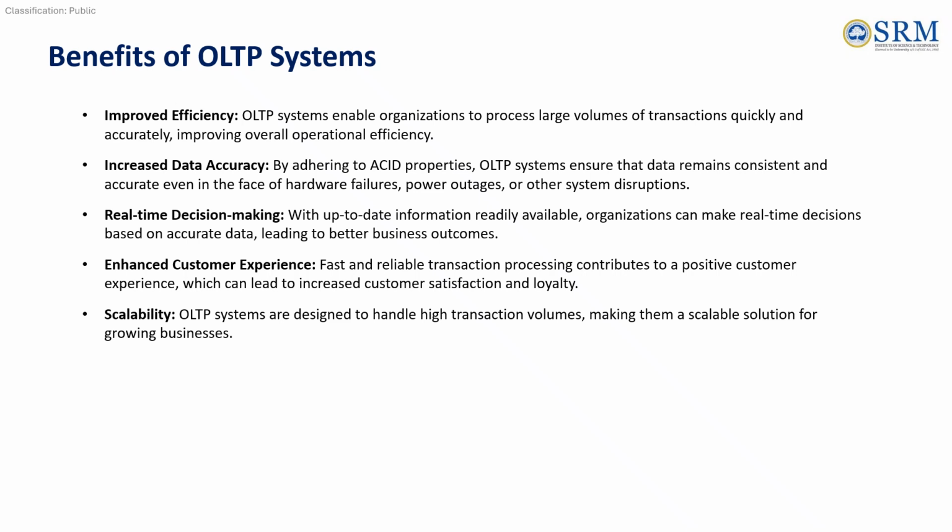For example, customers expect immediate confirmation during online banking or shopping transactions. Another important benefit is scalability. OLTP systems are designed to handle growing transaction volumes efficiently as businesses expand. Overall, OLTP systems provide speed, reliability, accuracy, and scalability, making them essential for modern real-time applications.